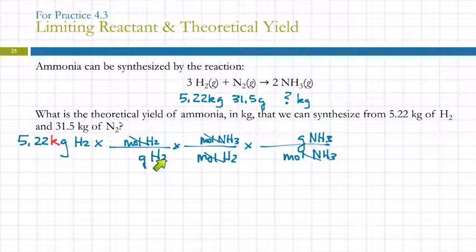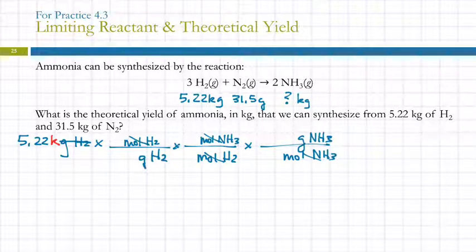I'm writing grams of H2 down here. I'm canceling out grams of H2. I'm leaving the kilo there. There's other ways to deal with the kilo. This is what I'm doing. Where do we get the numbers for this mole ratio? I know it's Monday morning, 8:20 in the morning, but wake up, please.